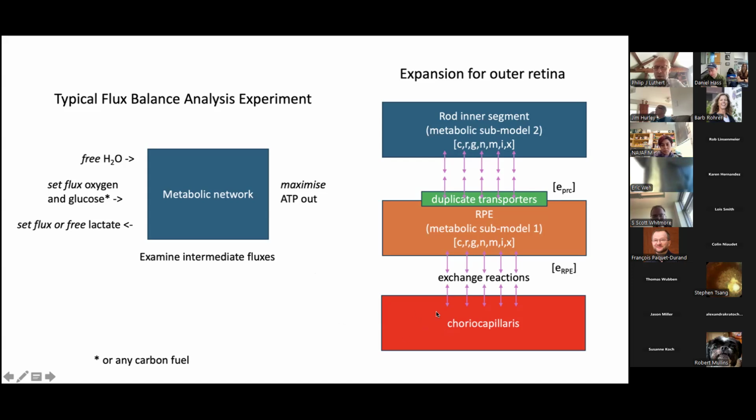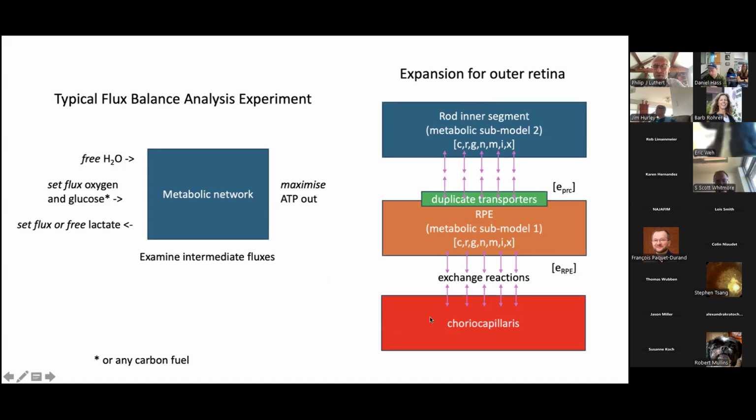So choroid capillaris being the source or sink of metabolites, a model with its own stoichiometric matrix for the RPE and another for the rod inner segment. Now, I've emphasized enzymes, but actually transporters are really critical to all of this, and this won't work if the transporters aren't duplicated. So we duplicated all the transporters on the apical side.